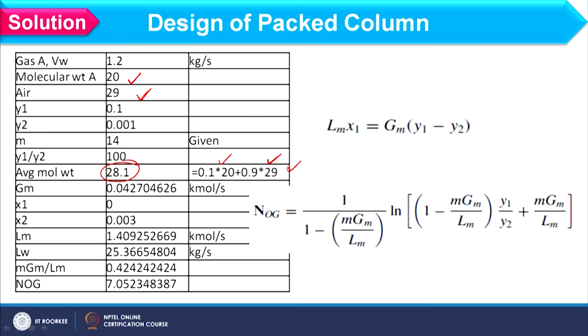Okay. So that you can see, and here I have the gas molar flow rate as this, and I do not know the liquid molar flow rate, right. So I can obtain that by making the balance. I am considering that initially water has 0 gas A. Okay.